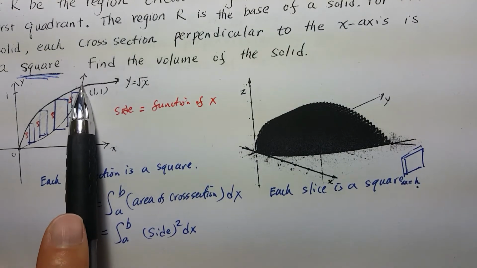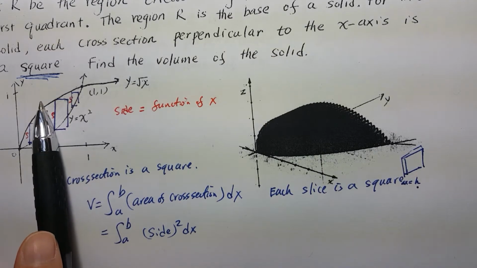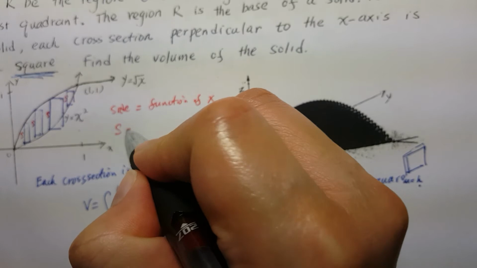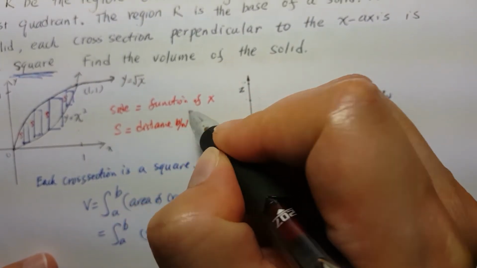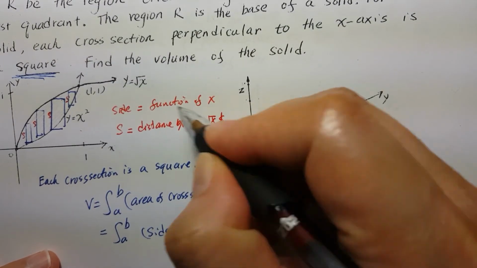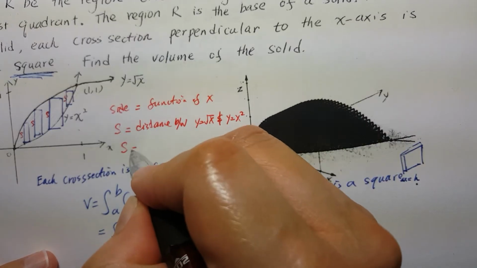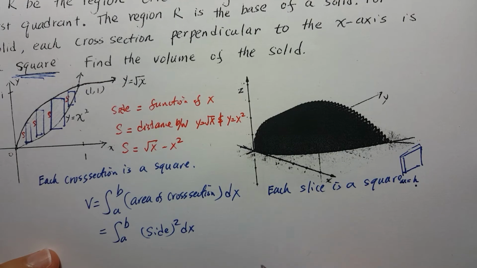If you get this tiny piece over here, you have a small square, and then you get bigger, bigger, bigger, and then smaller, smaller, smaller. So the side is the distance between y equals square root x and y equals x squared. So the side equals square root x minus x squared, a function of x.